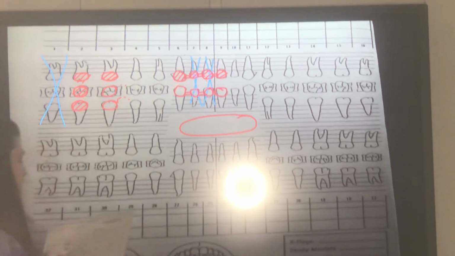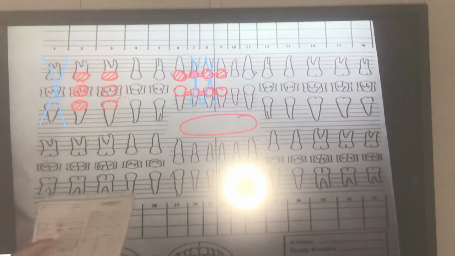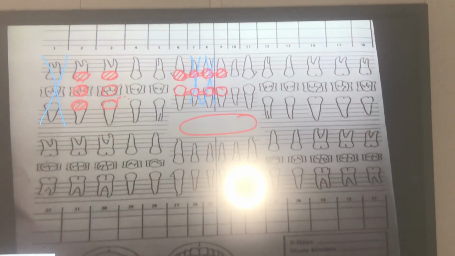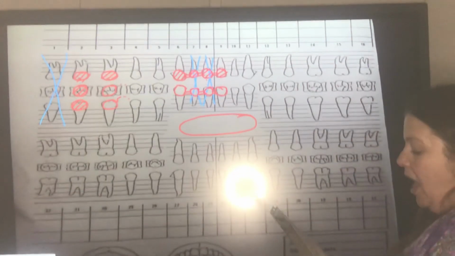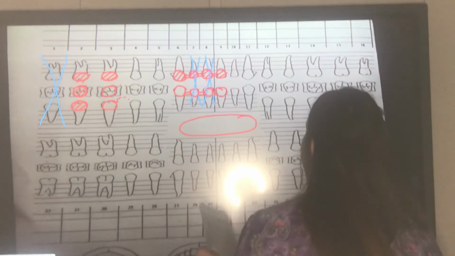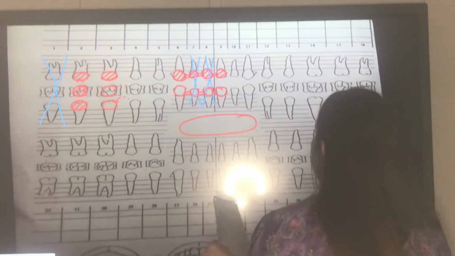Okay, moving along. Tooth number 11, I lied. It has a mesial, incisal, distal composite.